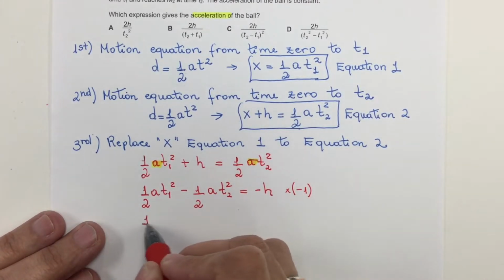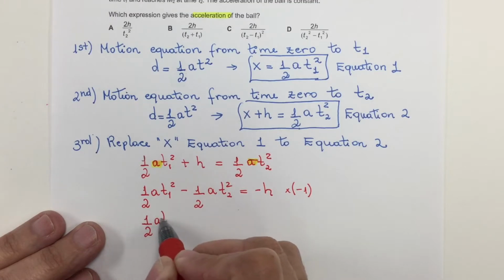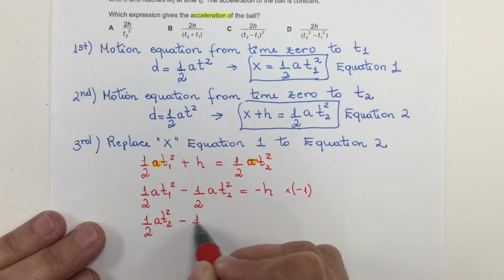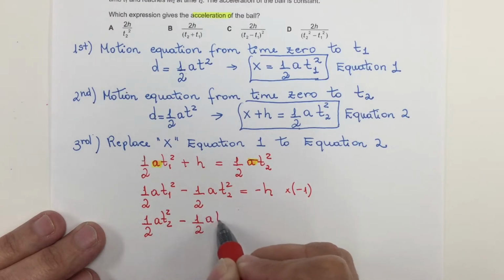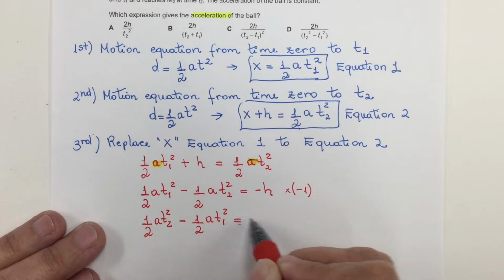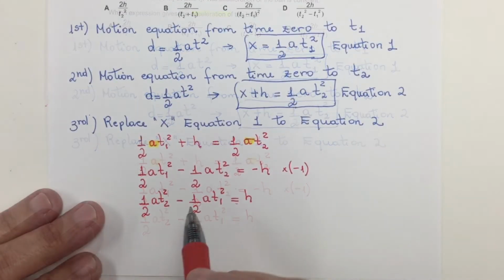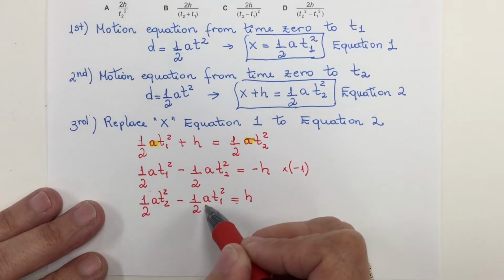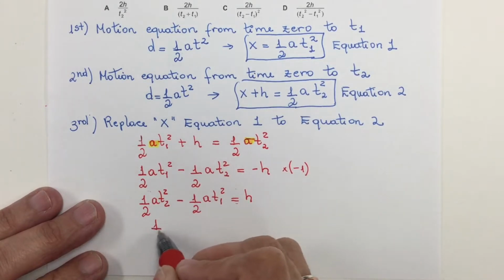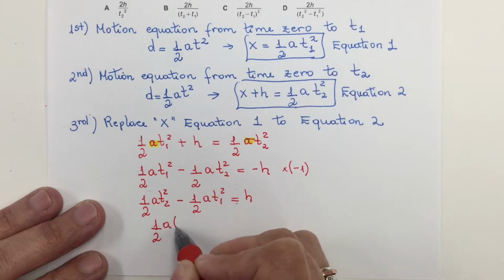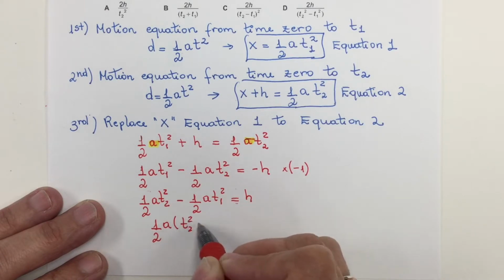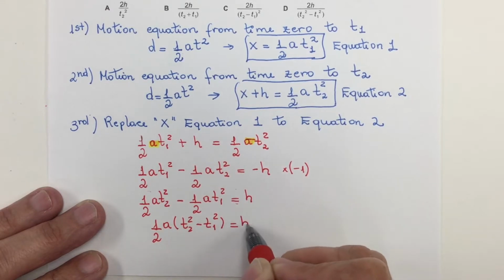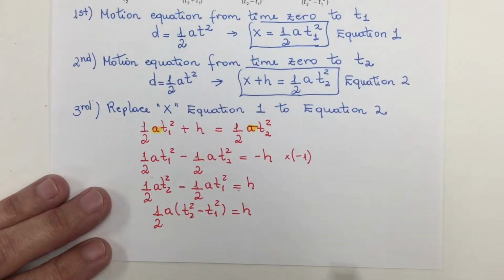So half a t2 squared minus half a t1 squared is equal to h. Half a is common here, so a times (t2 squared minus t1 squared) over 2 is equal to h.